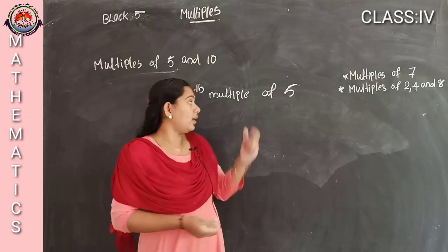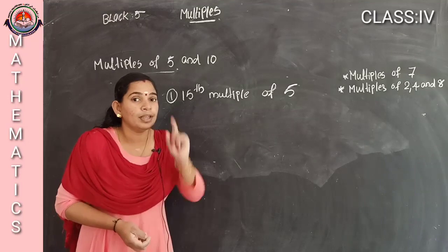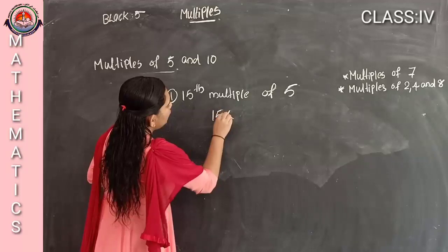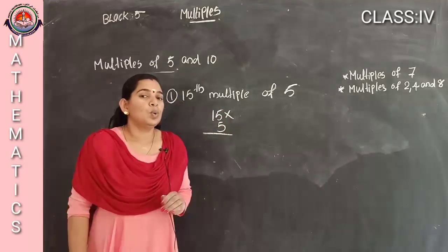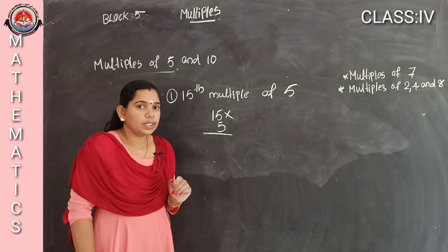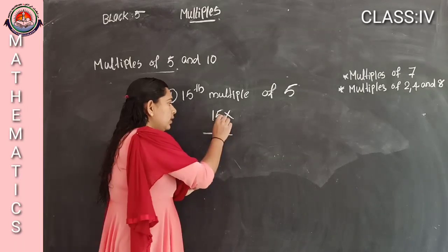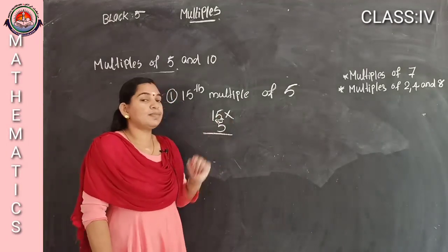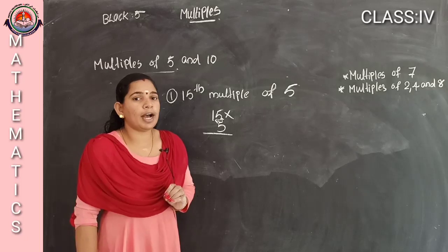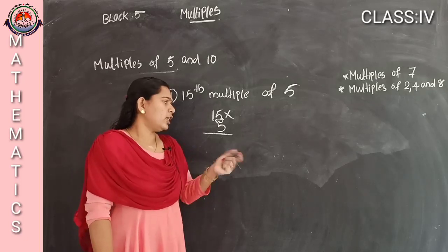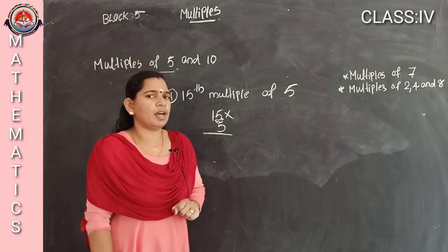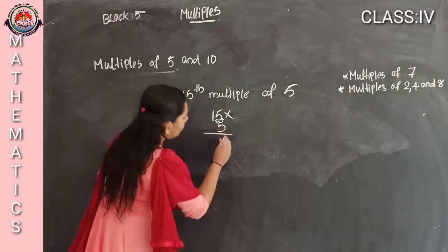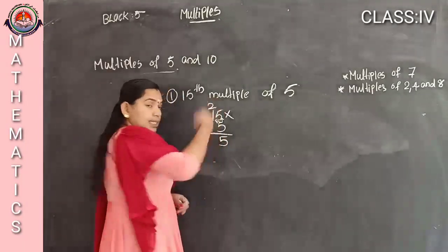Yes, 15 here. How to get the 15th multiple of 5? 15 into 5. 5 we write in the ones place down. Then we multiply each digit. First, we multiply with the ones place digit. 5 into 5, 25. In 25, which digit do we write here? Ones place or tens place? Yes, ones place digit. So we write 5 here, and 2 as carry.